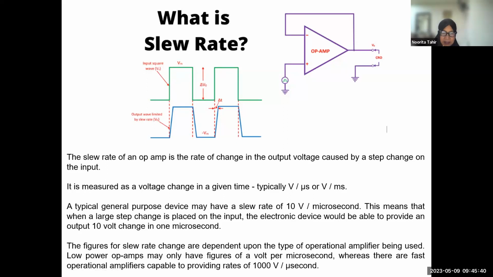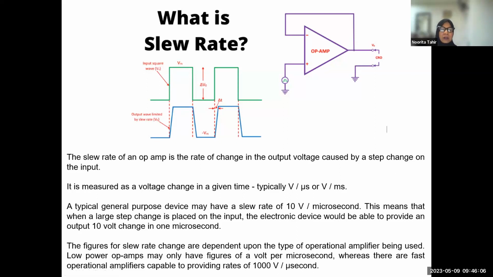There is a delay for the output voltage to change from the low edge to the highest edge. It is not a perfectly straight line like the green one, but something slanting like this. That is practically what happens, and that is known as the slew rate of an op-amp.